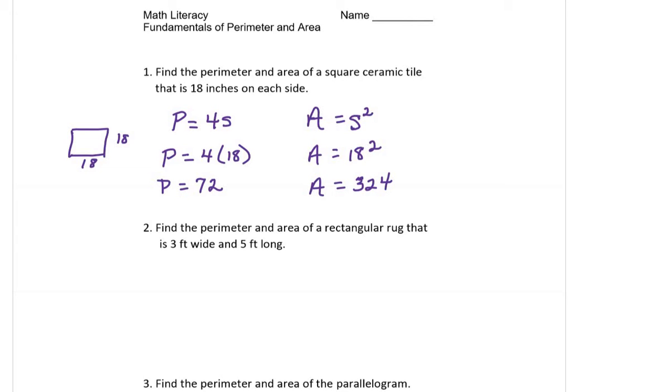With this first problem, I am asking for the perimeter in inches, so you just have inches, and the area is going to be in square inches. Be sure that square goes after the inches, or you may see it written out as square inches like that.